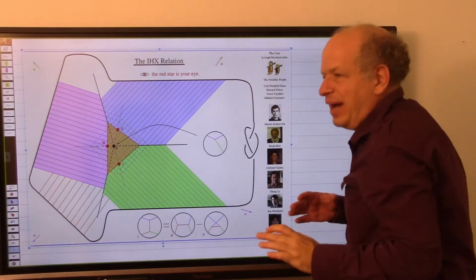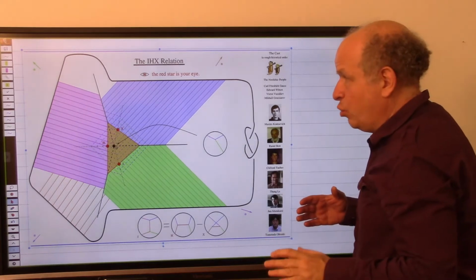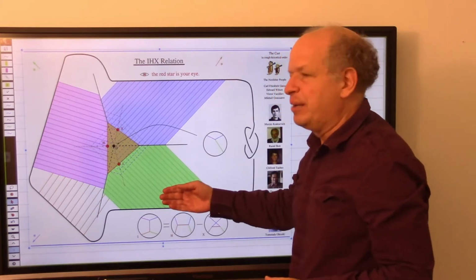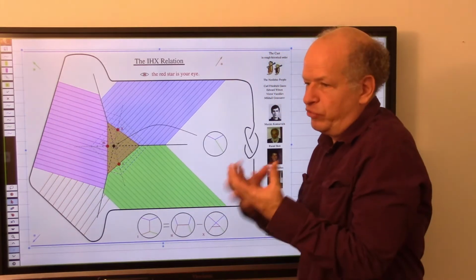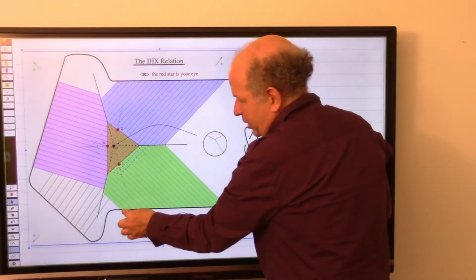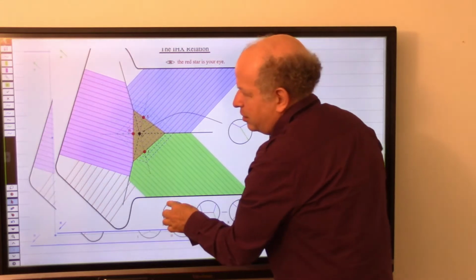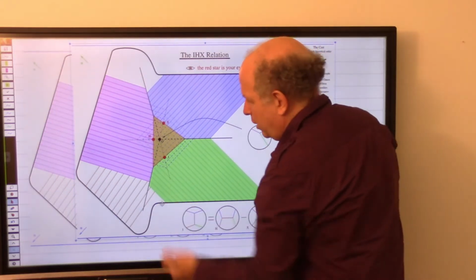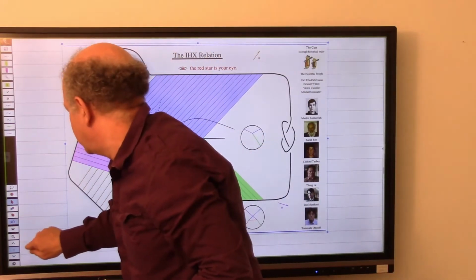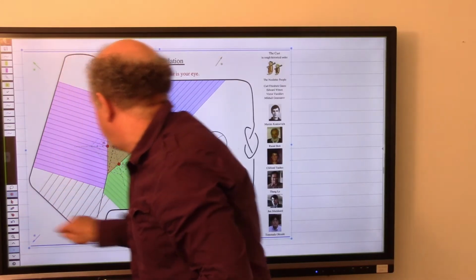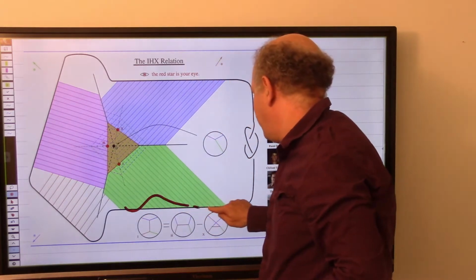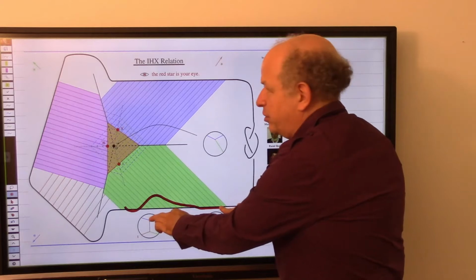Now, what happens if I move the data a little bit? What happens if I move the knot a little bit, if I deform this line a little? Instead of being the black line shown, I deform it a bit.